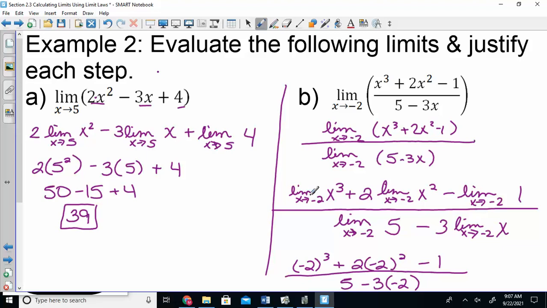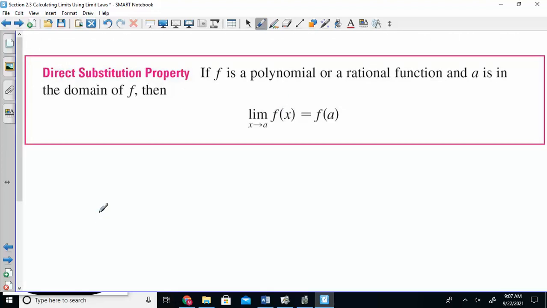So sometimes you can just plug it in, sometimes you can't. As long as you can plug it in and you get an answer, so you're not getting something divided by 0, you're not getting an undefined, it is actually legal to just replace that. So that's the direct substitution property.